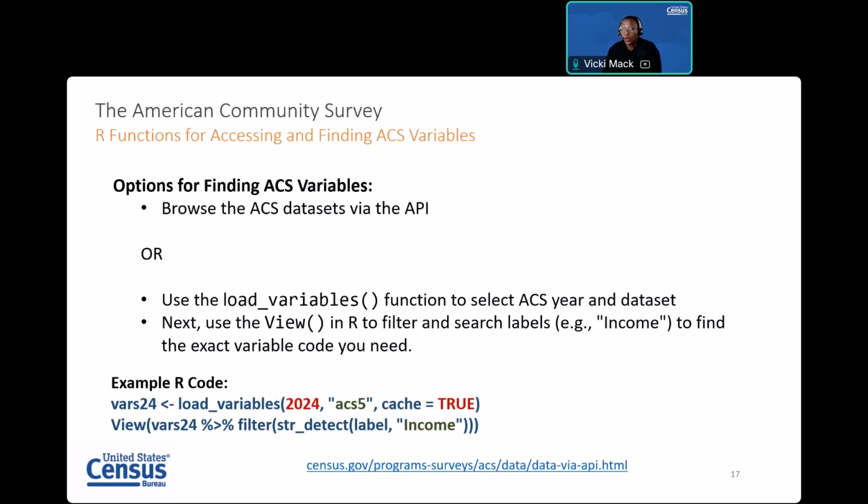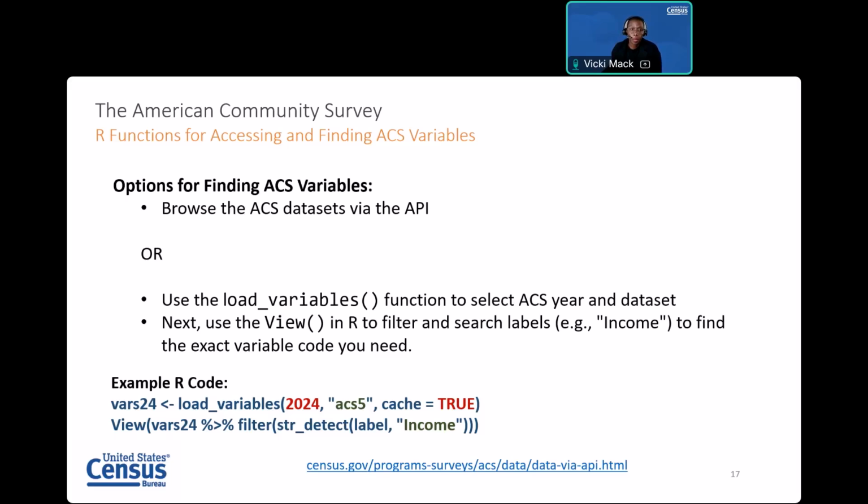When you call load_variables, it returns the ACS dataset and year. Then you can use the View function in R, which allows you to filter and search variable labels like income or rent to help you find the exact variable code you need. The View function in R is a built-in function that allows users to view the contents of data structures interactively in a spreadsheet-like format.